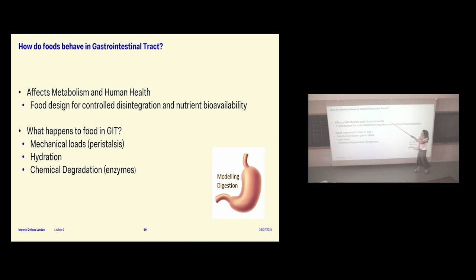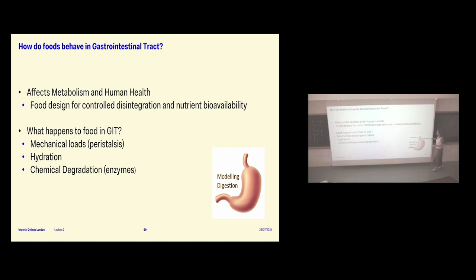So it's very important for human health, and the food industry is interested in designing foods which enable you to control the disintegration and make nutrients bioavailable. Even though some wrappers say that you have those nutrients, it does not mean that you're actually going to benefit from them. It depends on how the food behaves inside your gastrointestinal tract, whether you will access them or not.